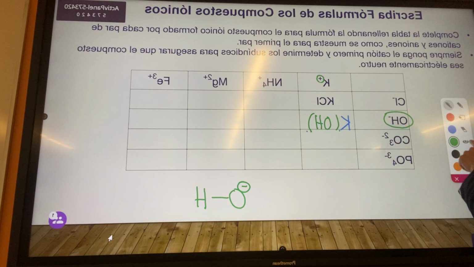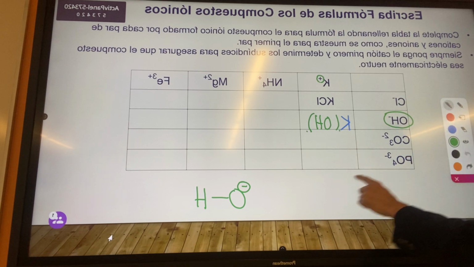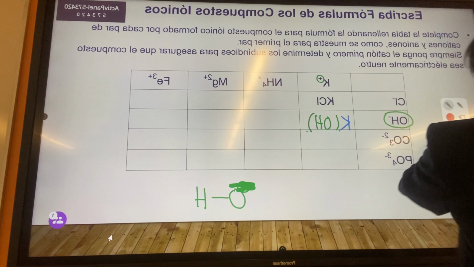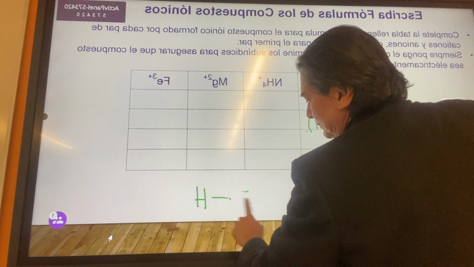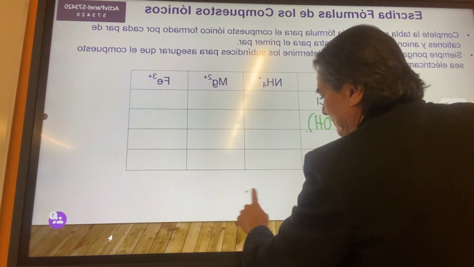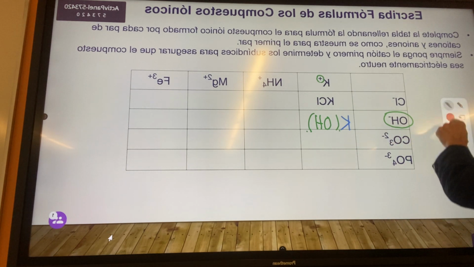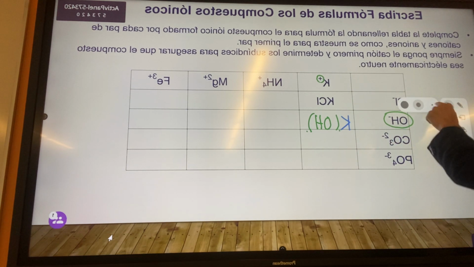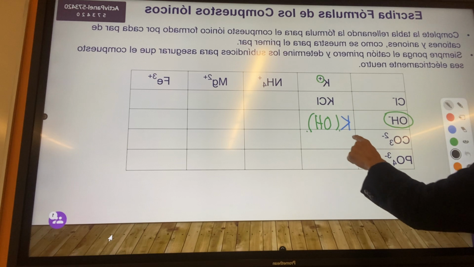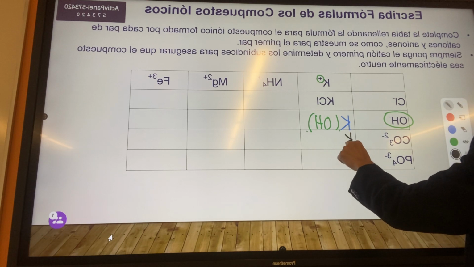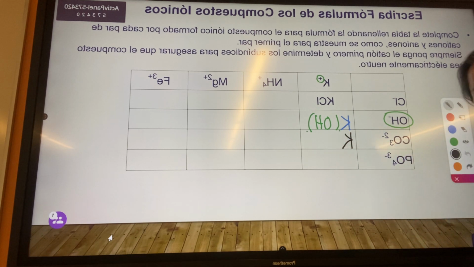Now, oops, eraser, thank you. Now it gets interesting, because now we're going to say what happens when you mix potassium with the carbonate.